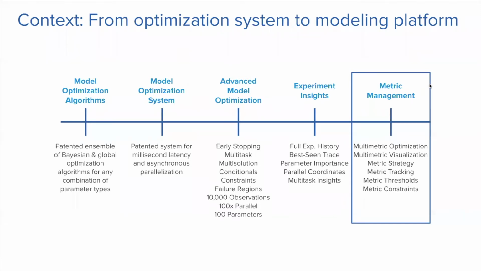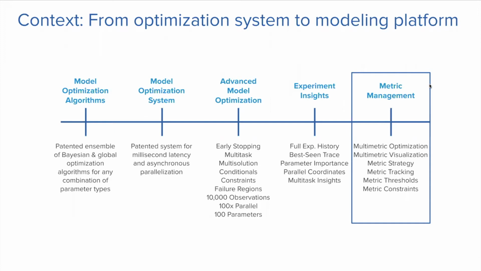So what's new today, and we've been working on a lot of these features over the course of a couple of years, but they all come together, and they're really more powerful together than they are independently. Today we really encourage all of our customers and users to track any possible metric they can, because we support up to 50 metrics.